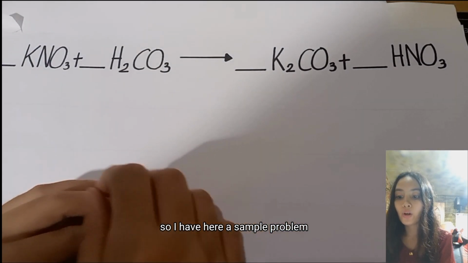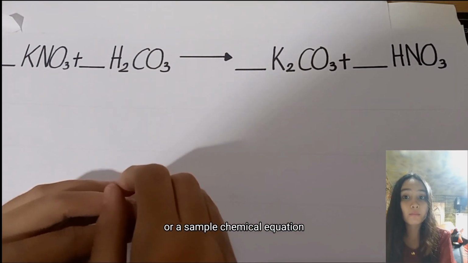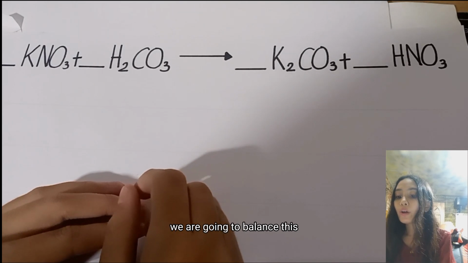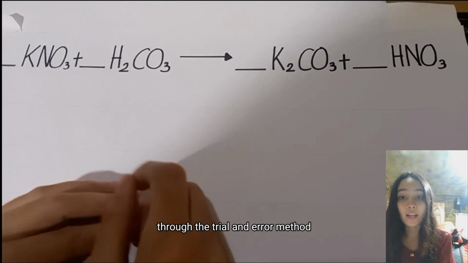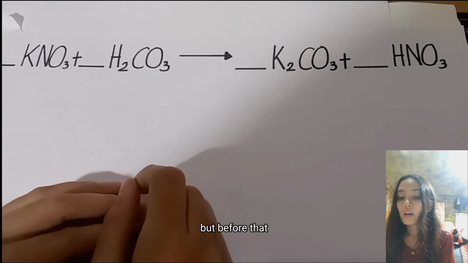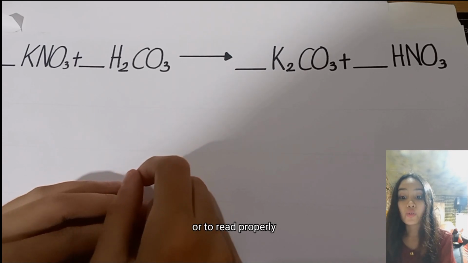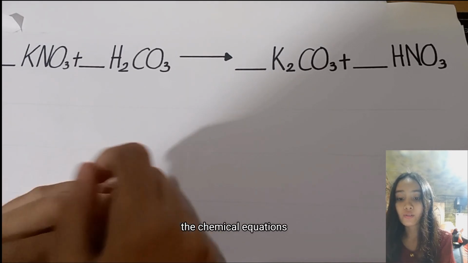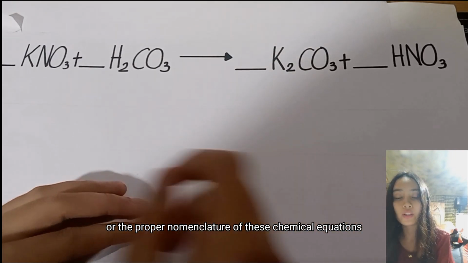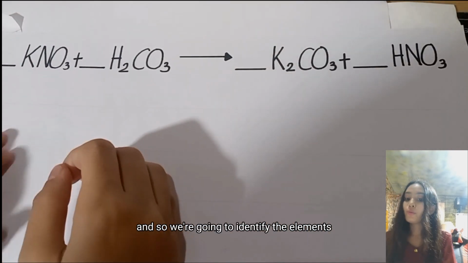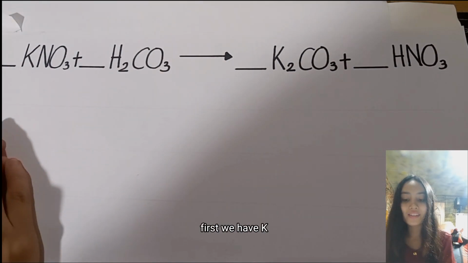So I have here a sample chemical equation. We are going to balance this through the trial and error method. But before that, it is important to read properly the chemical equation, or the proper nomenclature of these chemical equations. And so we are going to identify the elements first.